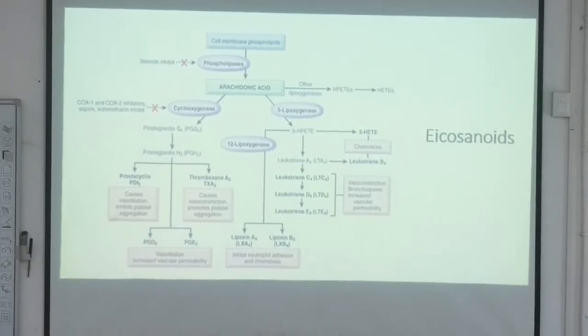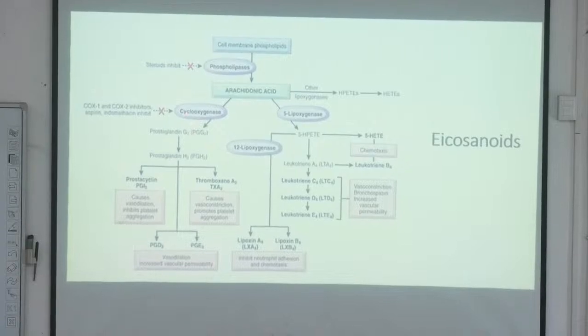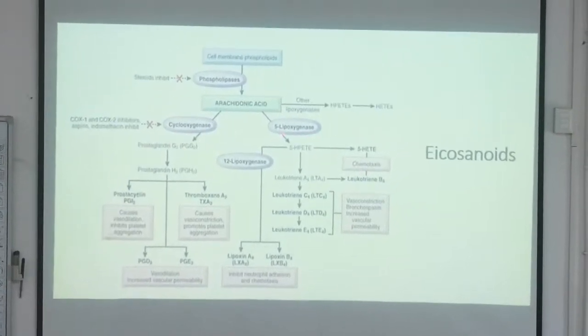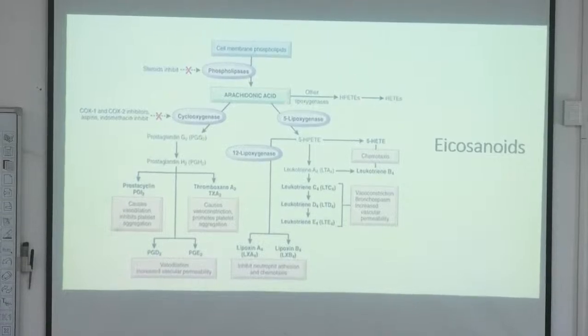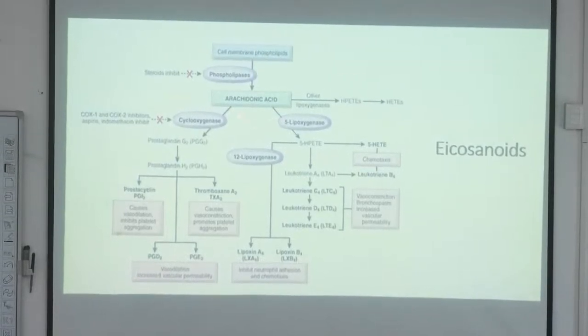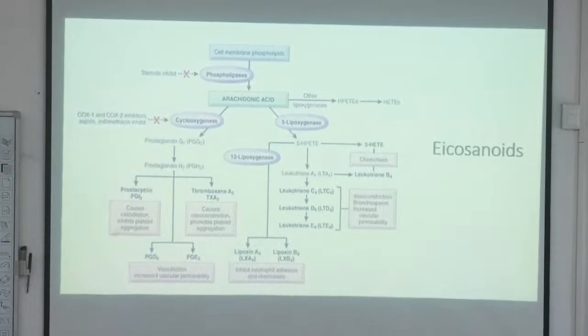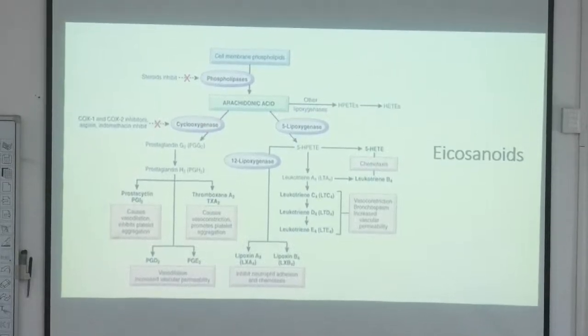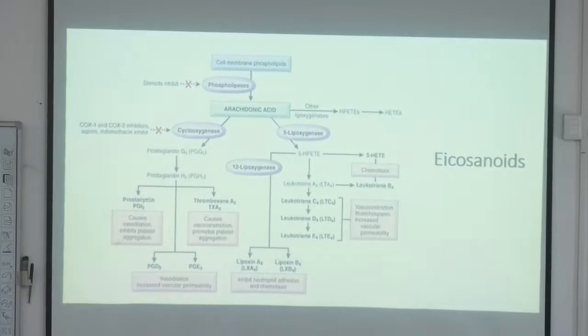What are those enzymes? One is cyclooxygenase or COX. Another is 5-lipoxygenase. From arachidonic acid, upon action of cyclooxygenase, two important molecules are formed. One is prostaglandin, another is thromboxane.